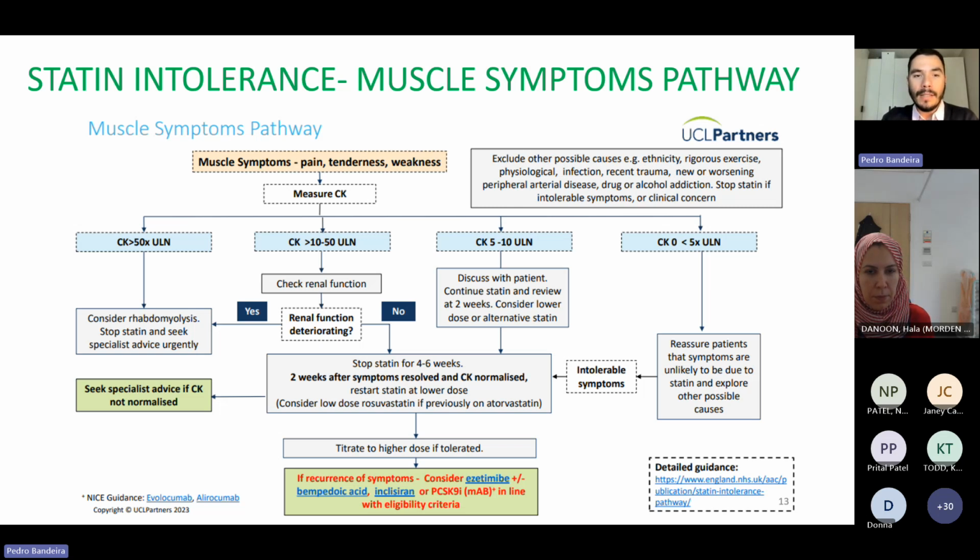And what a statin might not work for one patient, it would work for another. For example, atorvastatin and rosuvastatin, the molecule is slightly different. So rosuvastatin is more hydrophilic and atorvastatin is more hydrophobic. So by changing the statin, you might see that the side effects subside.